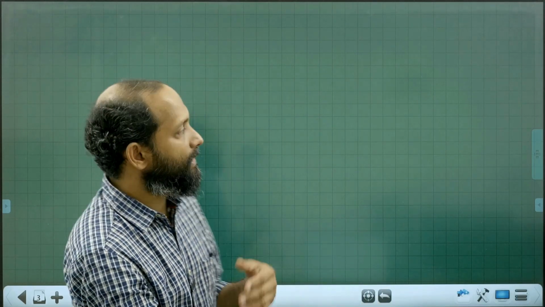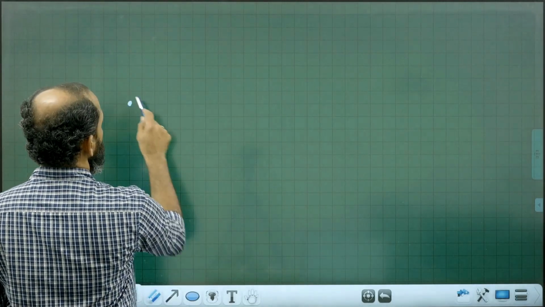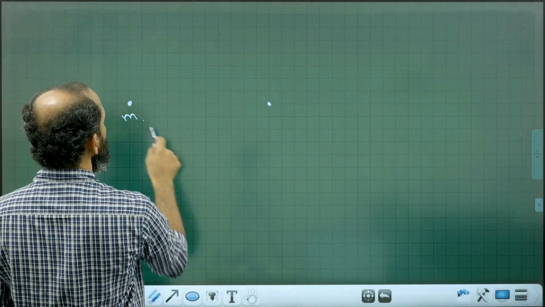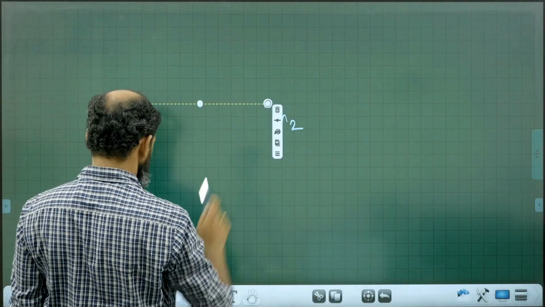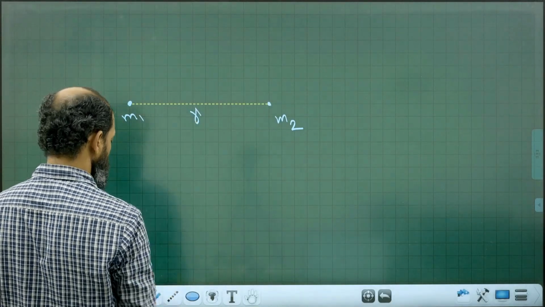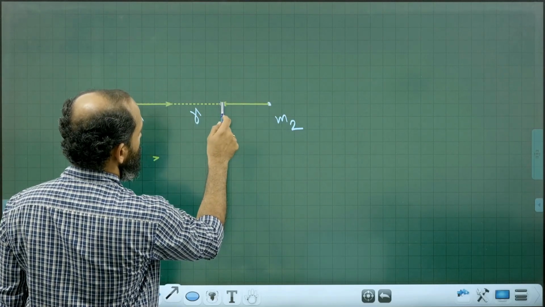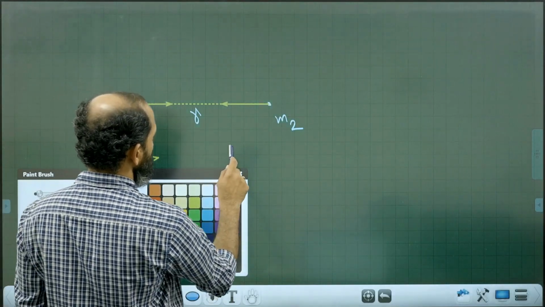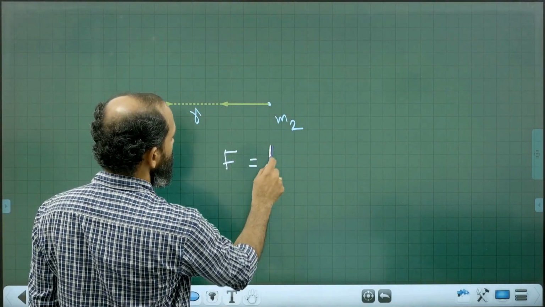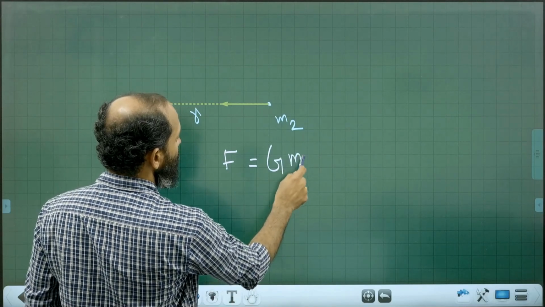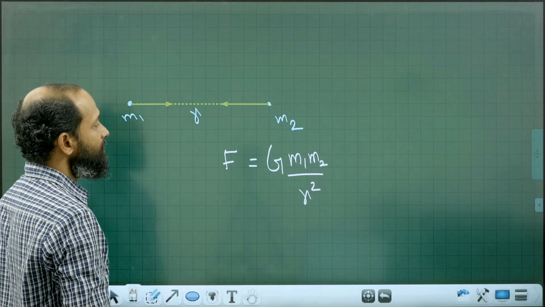Newton's law of universal gravitation states that we need two point masses m1 and m2 in space whose separation is small r. The force of attraction, mutual force, their interaction, F is equal to a proportionality constant into product of their masses and inversely proportional to square of the distance.